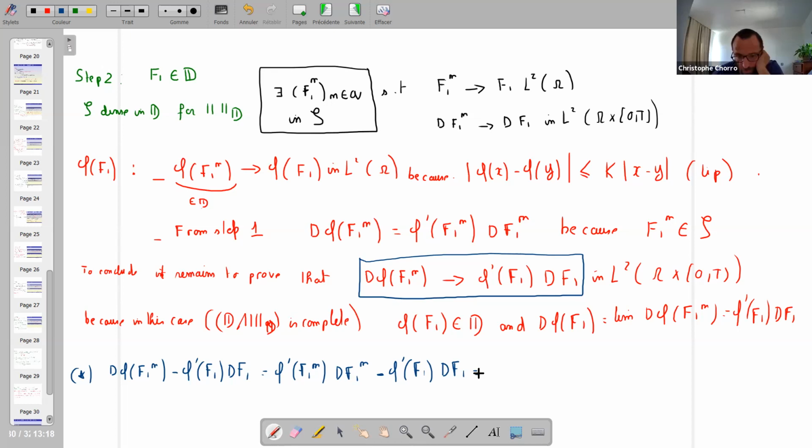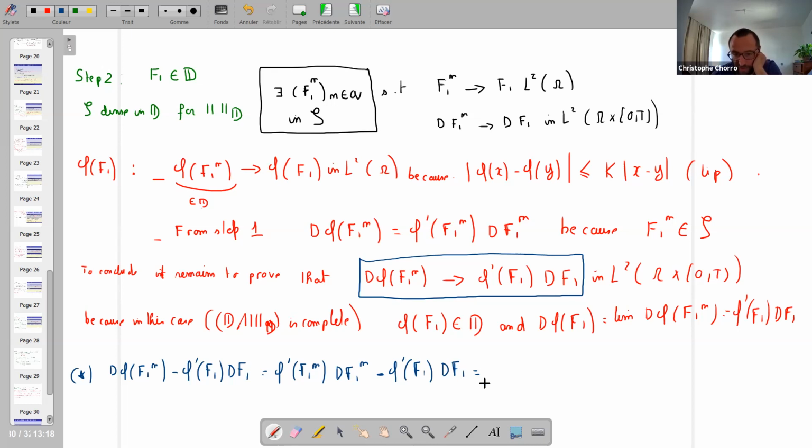So let's do the following. Because here you have n in both sides of the product, we are going to introduce intermediate terms in order to study only the convergence of one of the two parts.